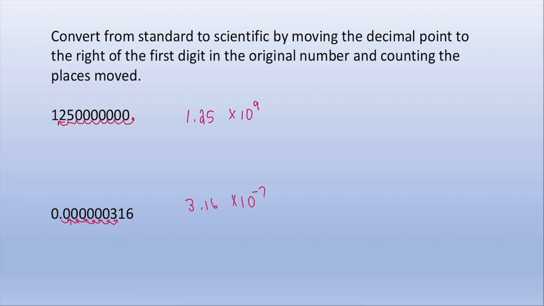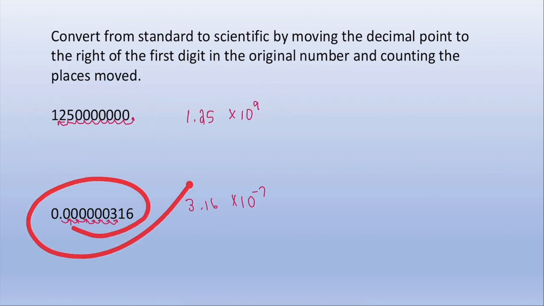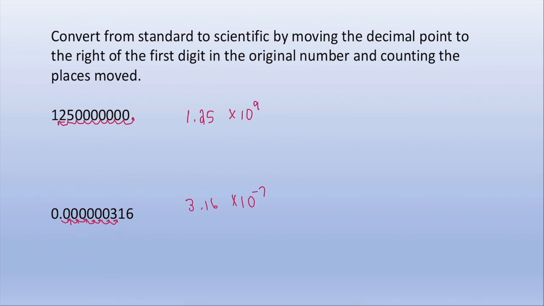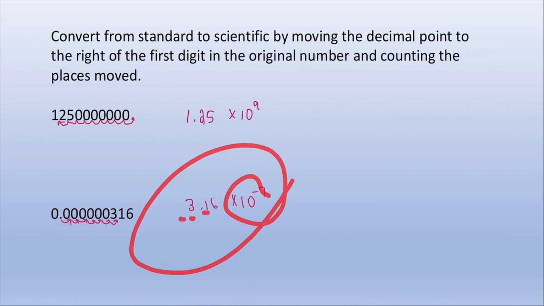If you move your decimal place to the left, the positive 9 will move it back to the right. So if it starts out being a number bigger than 10, you want a positive exponent. If it's really less than 1, so 0 point something, you will have a negative exponent.